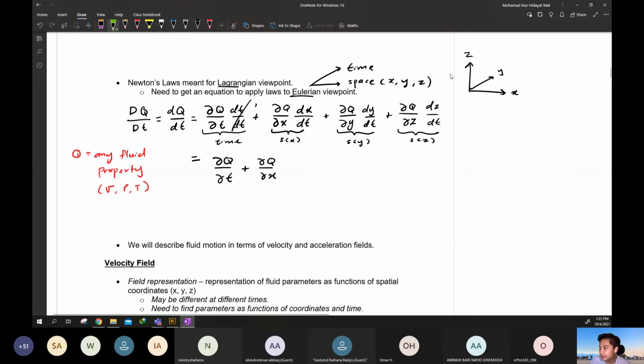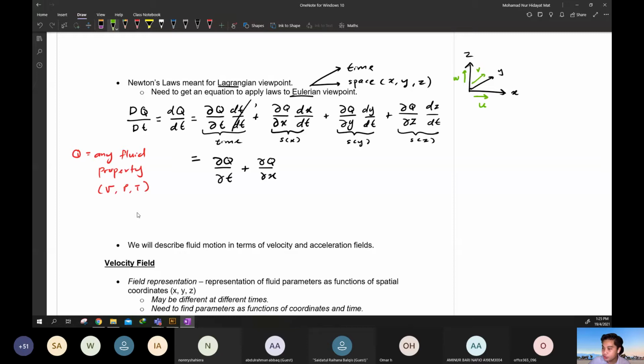So the velocity in x direction we call u, right? This is the notation. For the y, the velocity in the y we call v. Velocity in the z we call w. That is the vector for the different velocity.